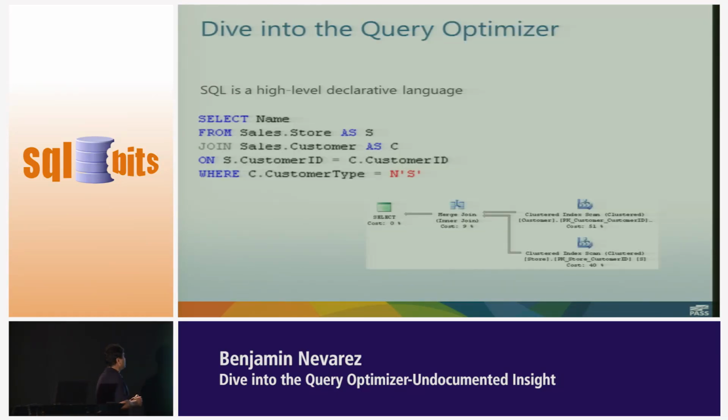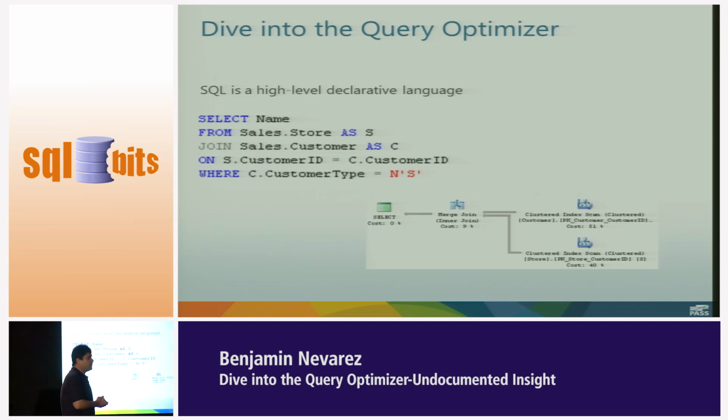Okay, so let's talk about the query optimizer. What is the job of the optimizer? We usually submit a query to SQL Server, something like this, and we get an execution plan. The reason is, for a specific query, there are many different ways to get the data. We call those different ways execution plans.